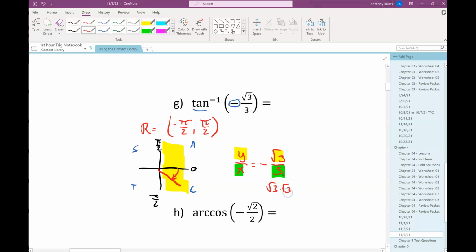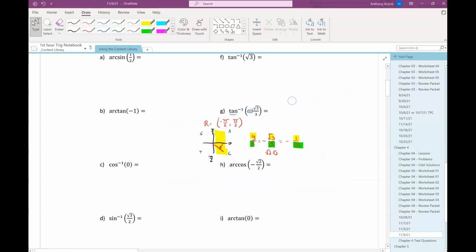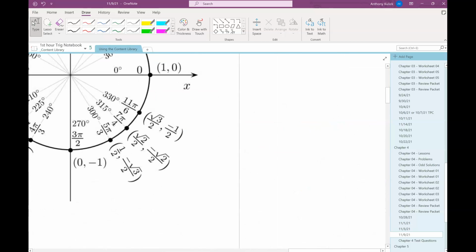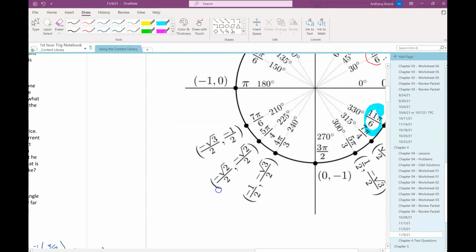I remember that regular 3 is square root 3 times square root 3. So I can reduce that down to 1 over square root 3. So what I'm going for is the place in quadrant 4 where the y has a 1 in it and the x has a root 3 in it. We're looking at 11 pi over 6, but that's not our answer.